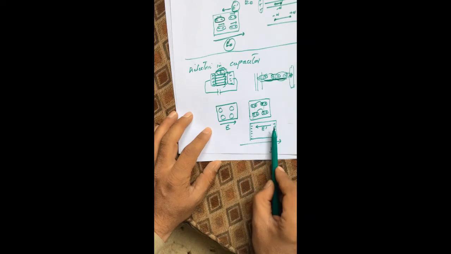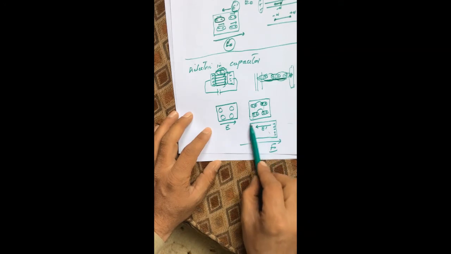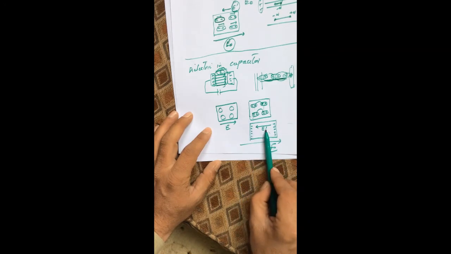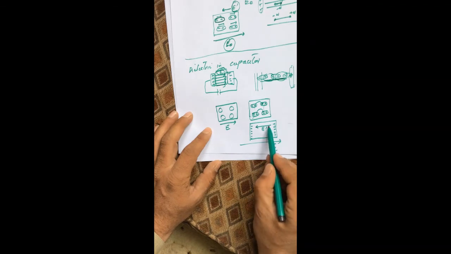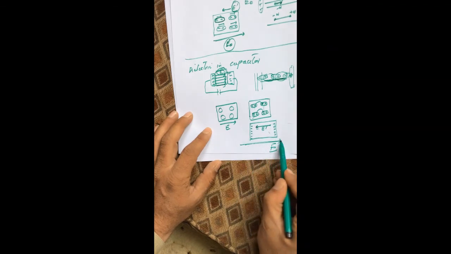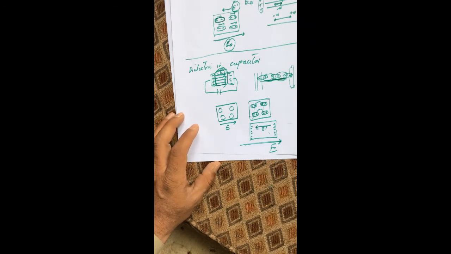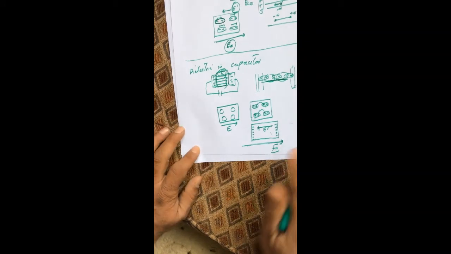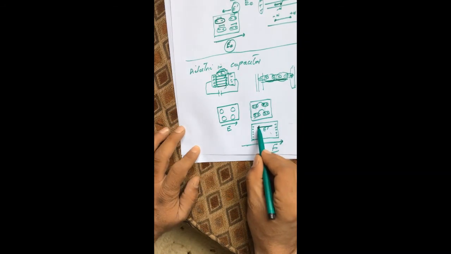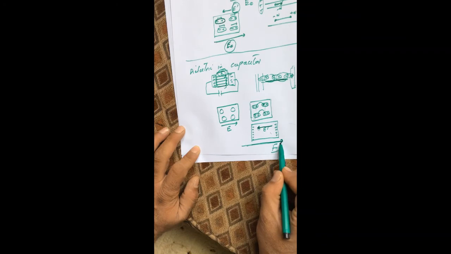Due to separation of positive and negative charge, an internal electric field is developed inside this material, such that its direction is opposite to the direction of the external electric field. Now the internal electric field is smaller, the external field is greater.